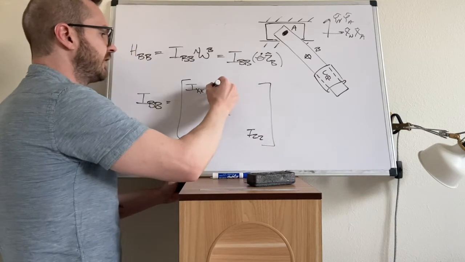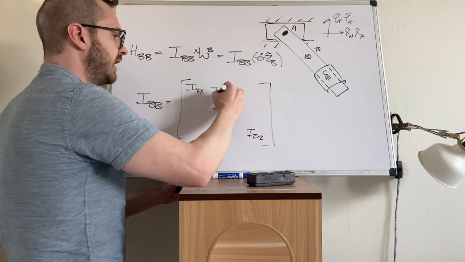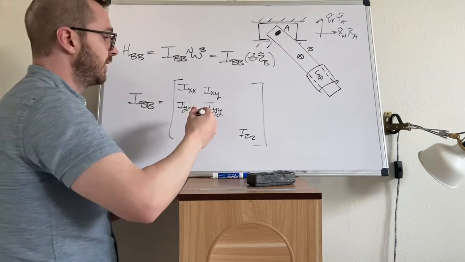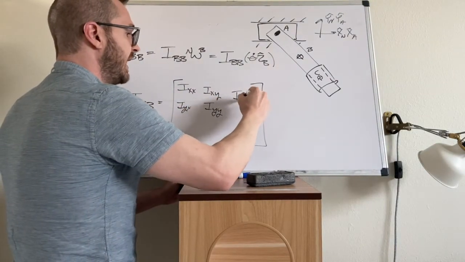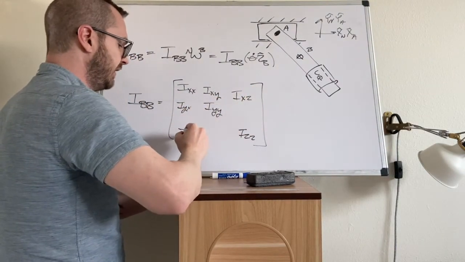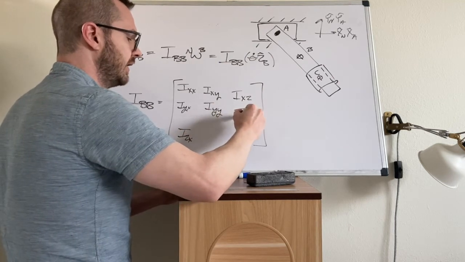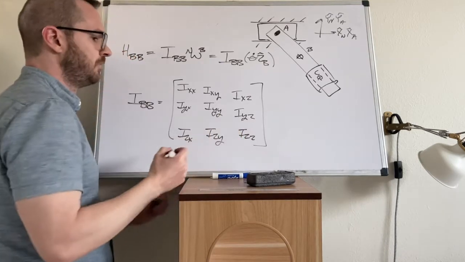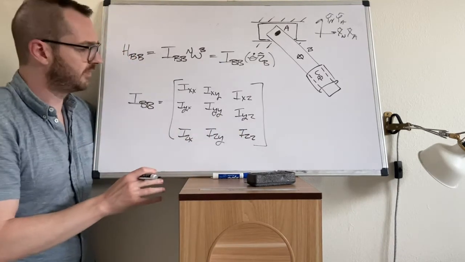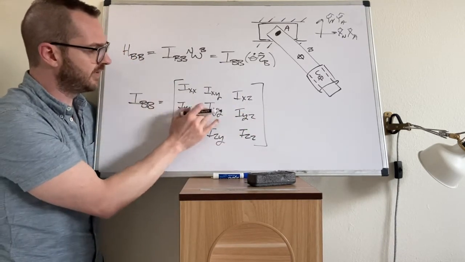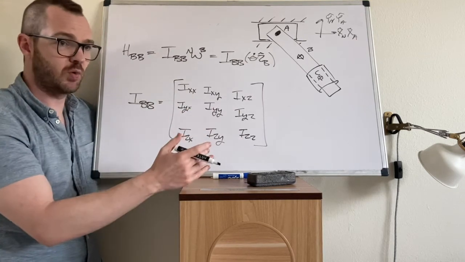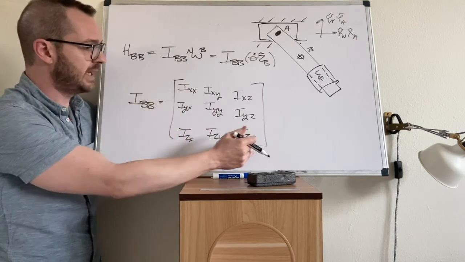And these off-diagonal terms are the products of inertia, IXY, IYX, it's actually the same thing, IXZ, IZX, IYZ, and IZY. Remember the properties of this dyadic. The diagonal terms are always positive, the off-diagonal terms could be positive or negative, and it is also symmetric about its diagonal.